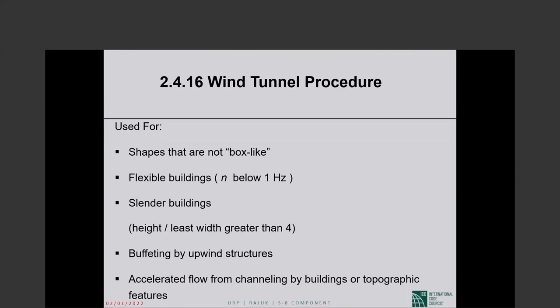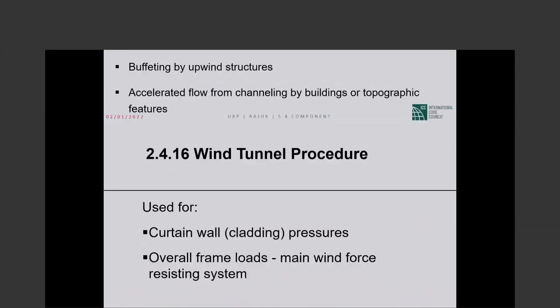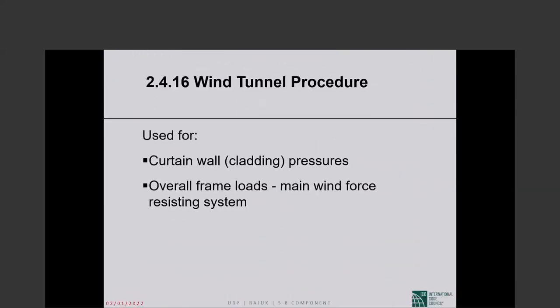That happens if a narrow gorge could be between two tall buildings, or between a building and a hill, and you may end up with higher wind. If wind has to pass through a narrow passage, the velocity will go up. And if your building is right at the end of that passage, then you may be looking at problems.